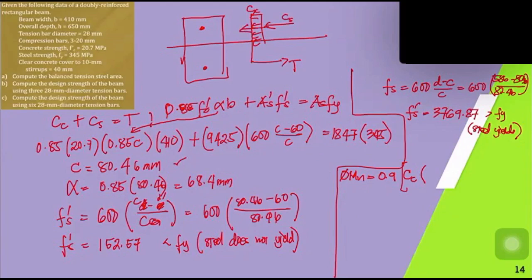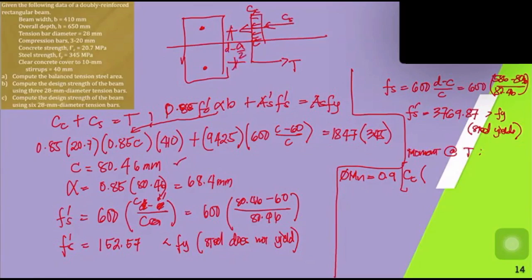Yan. So magmo-moment tayo pa rin sa T. Moment at tension. So we have the moment arm. Ano ang CC? That is, anong moment arm niya? D yung buo minus alpha over 2.